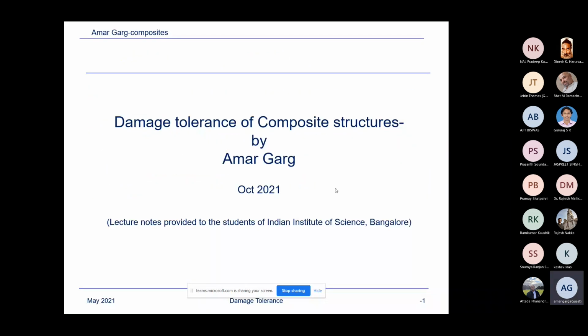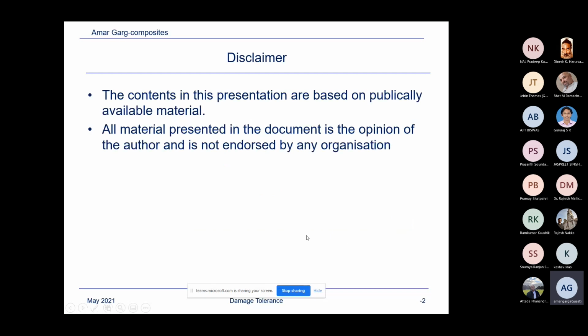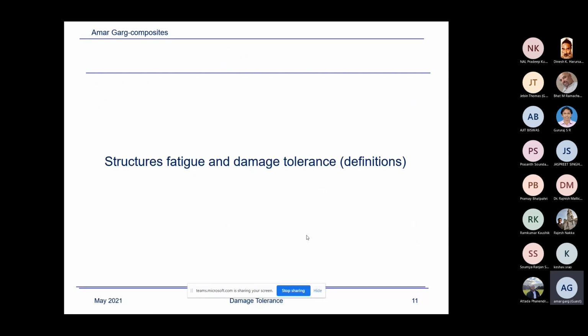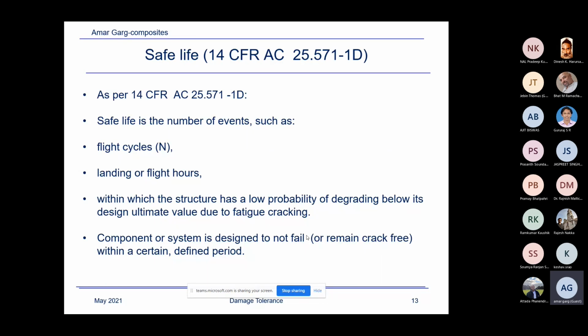I cut down a lot of material because I don't want to repeat what is there in the certification lecture. These are all criteria which I already discussed. Definitions I have covered earlier.